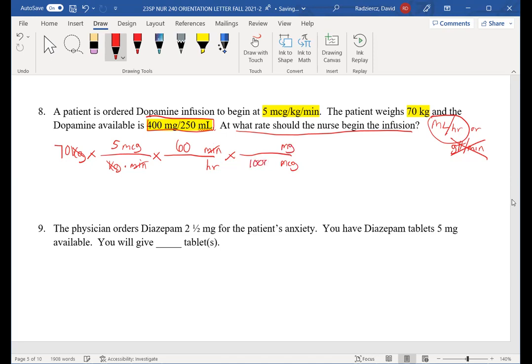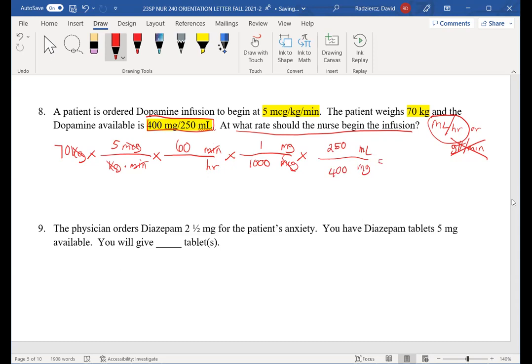We know that there are 1,000 micrograms in a milligram, and that accounts for the micrograms. Now we can convert milligrams to milliliters. We have 250 milliliters because this is our available 400 milligrams.